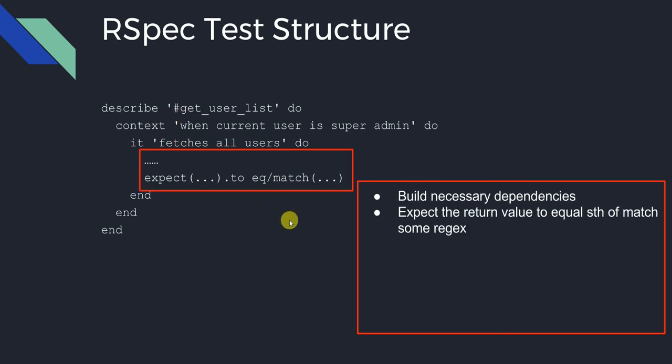So this part is the body of the test cases. First you need to build the necessary dependencies and create objects. And then you need to write this line, basically the expectation, to check whether the return value of the object matches some value you expected.